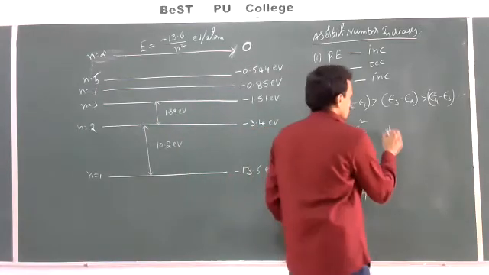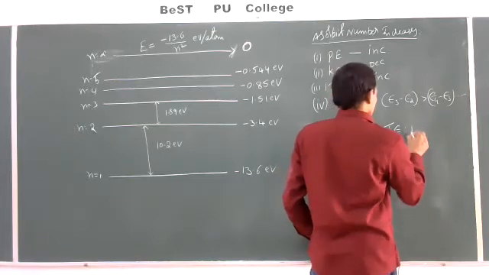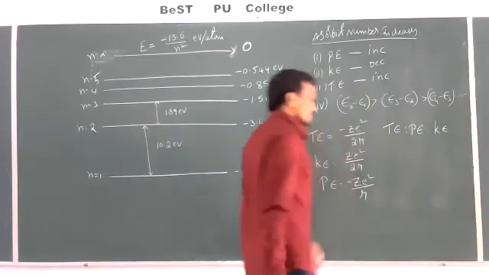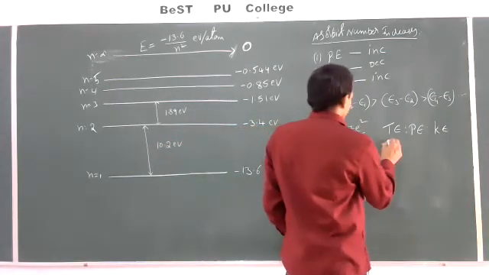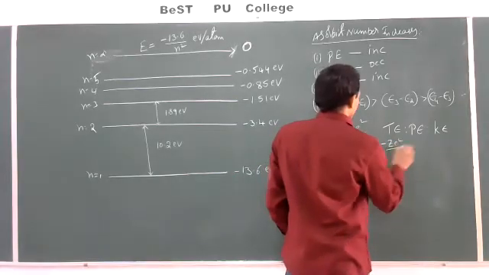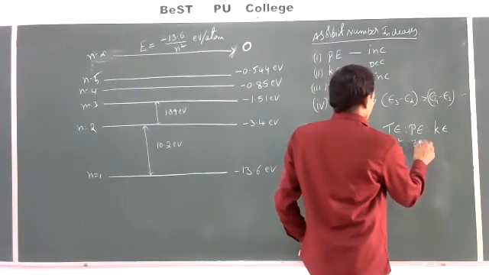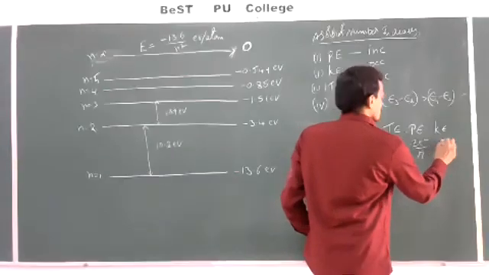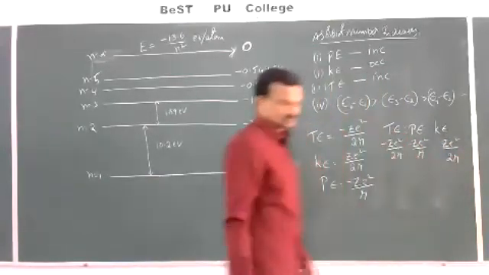Then the ratio of total energy to potential energy to kinetic energy is minus ZE square by 2R to minus ZE square by R to ZE square by 2R.